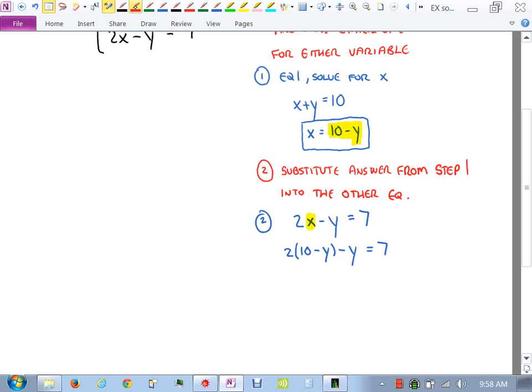Step 3, I'm going to put it here to the left so I don't have to make a new page. 3, solve the remaining equation. I'm going to put a little note here. Should only have one variable in it.